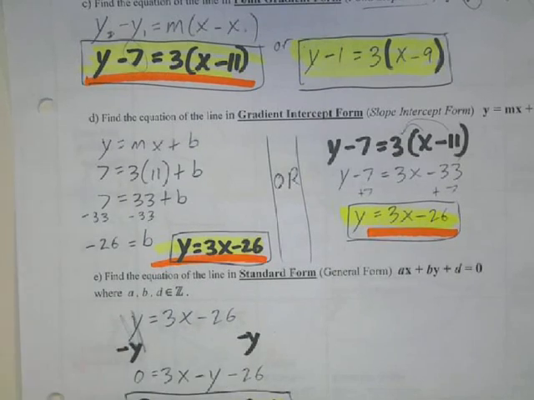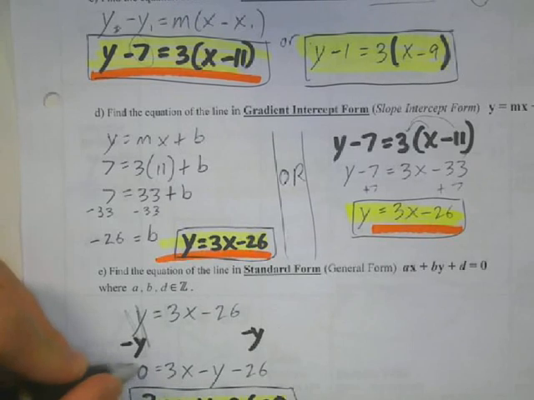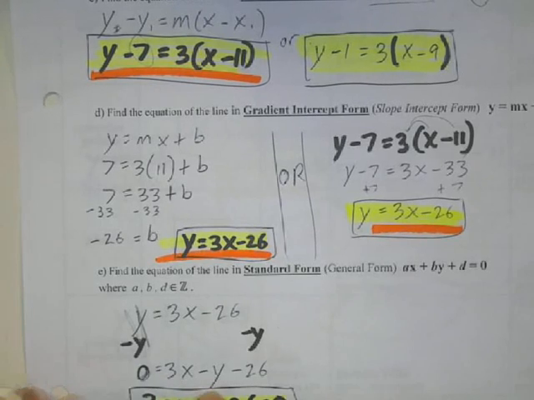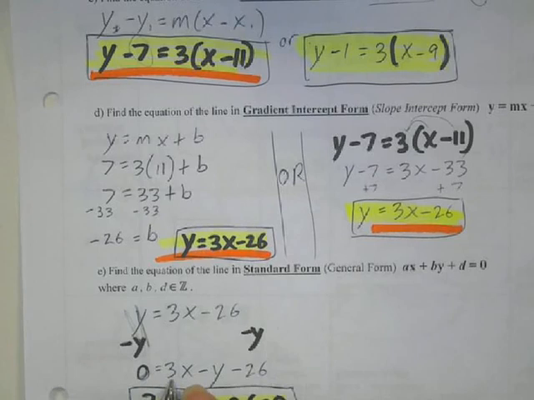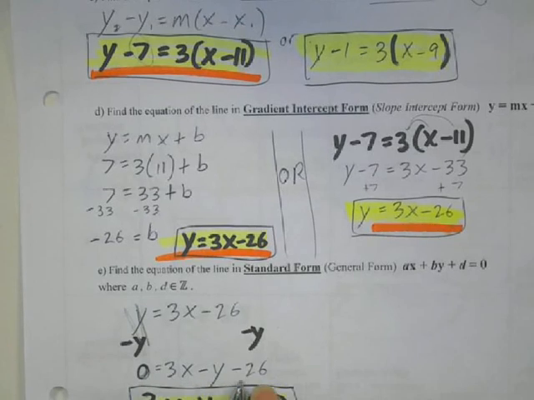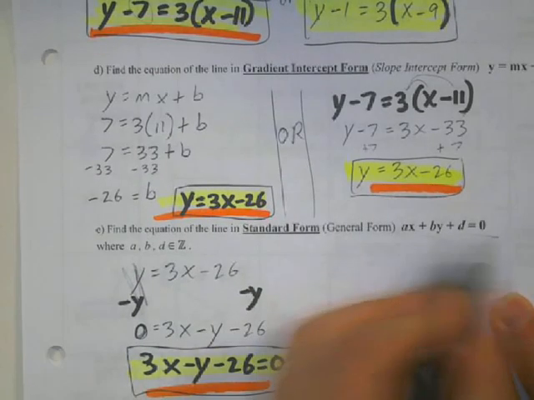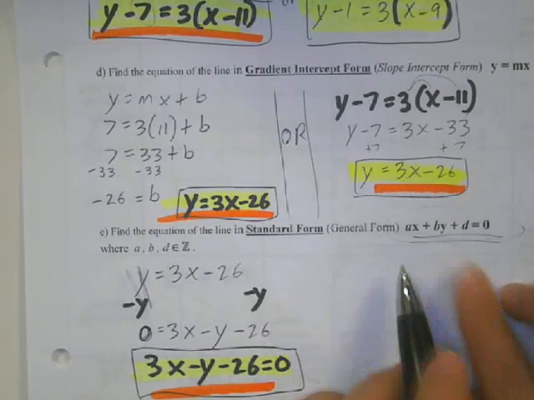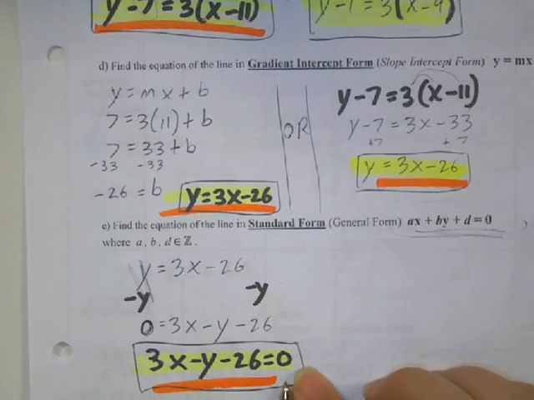So now I've got 0. And so notice where I put the y, I didn't put it at the end. I'm doing it in alphabetical order. 3x minus y minus 26. So usually they have the 0 on the right-hand side, so that's where I'm putting my 0.